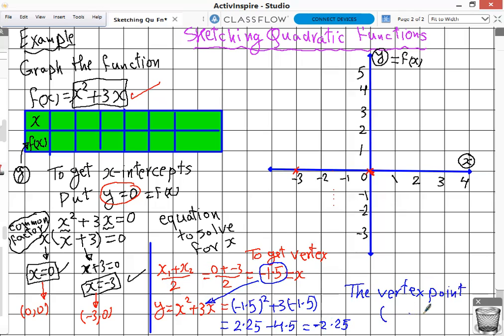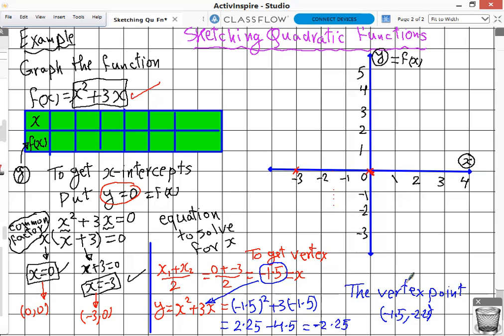Who can tell me what are the coordinates of the vertex point? X and Y for vertex. We got them. What are they? Very good. Negative 1.5. No. Negative 2.25.